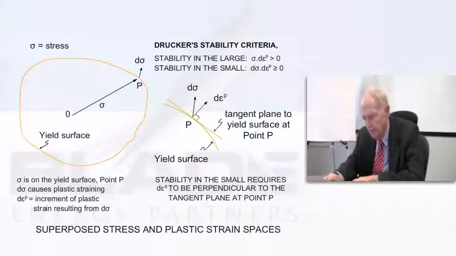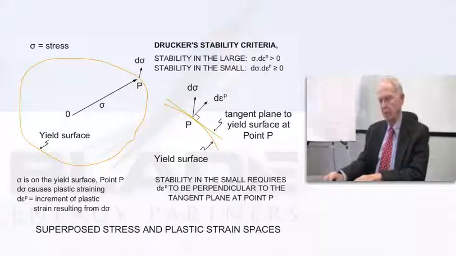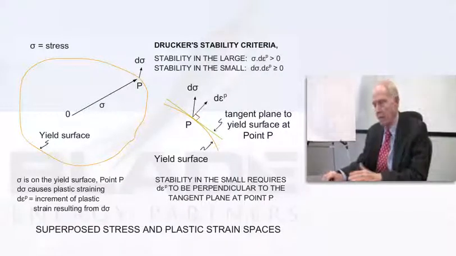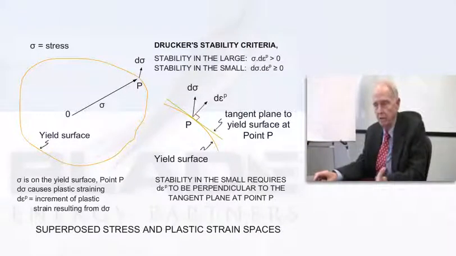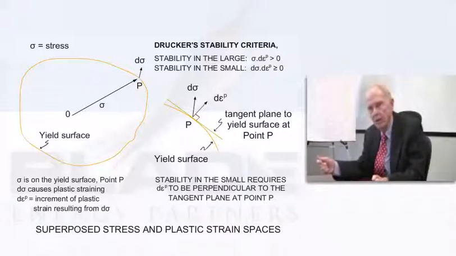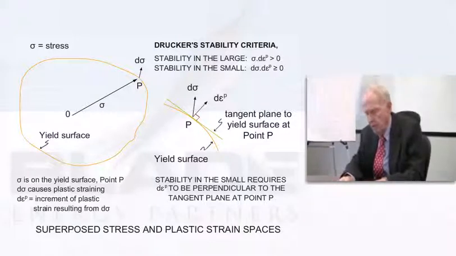That would imply that my added load when I get to the yield surface does positive work on the plastic strain. That's virtually the same stability requirement that you have for these other problems where you put a little side load and see if the K is positive. Because if you have an unstable material, that won't be positive.